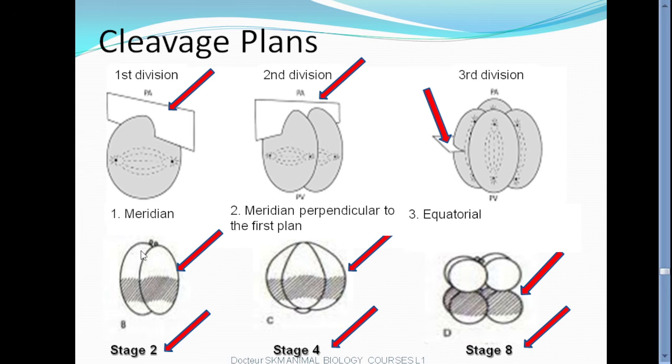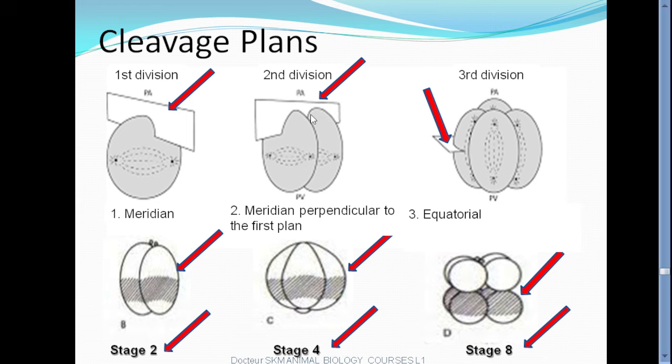So the result is here. We obtain two identical cells, and each cell is called a blastomere. It is the stage 2 because we have two blastomeres, and these blastomeres have the same size. After that, the two blastomeres will divide again in two in order to obtain 4 blastomeres. The cleavage plane is also meridian, but here it is perpendicular to the first plane.